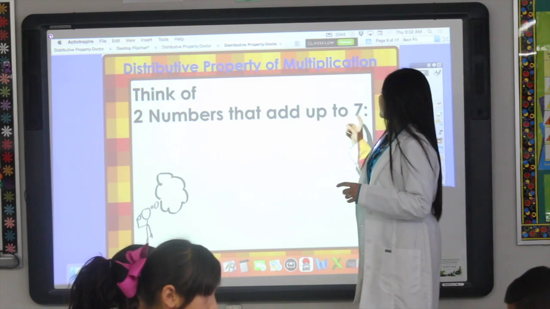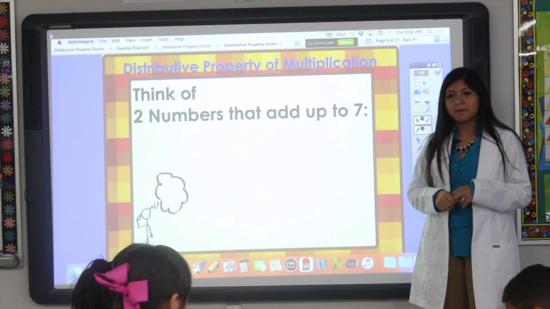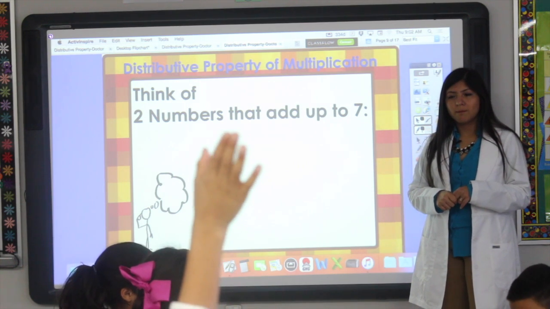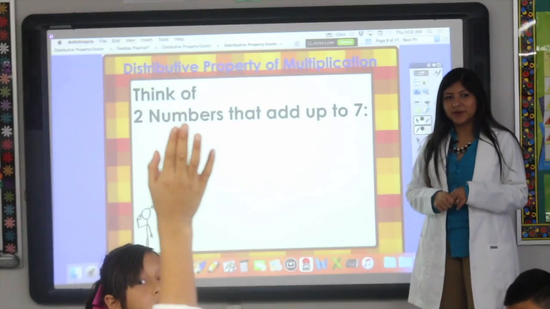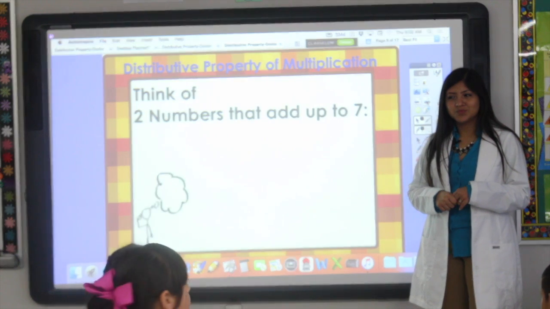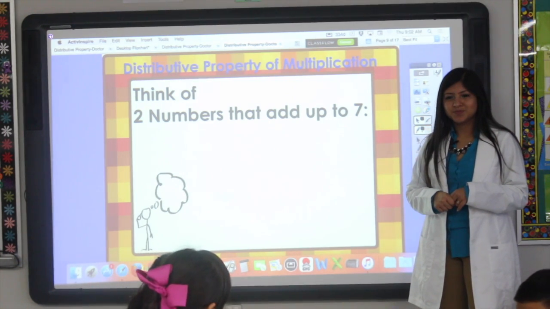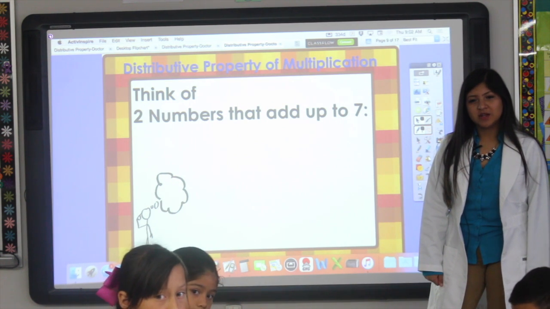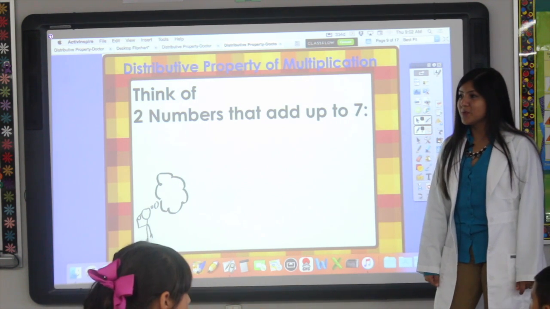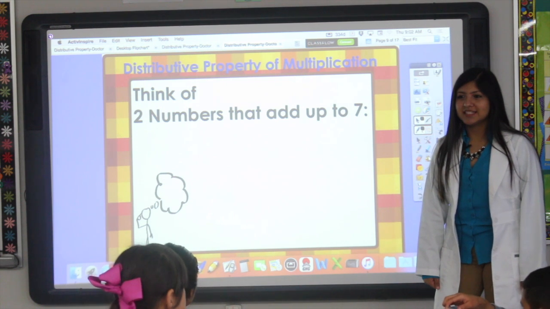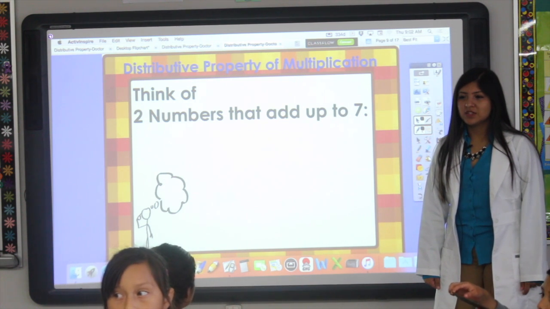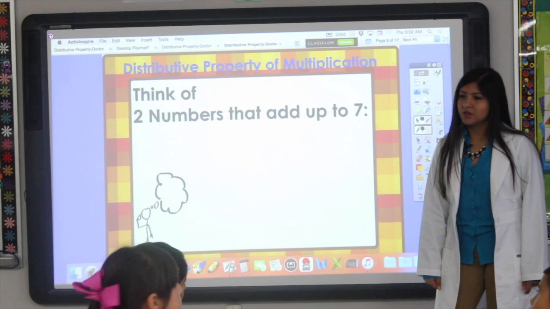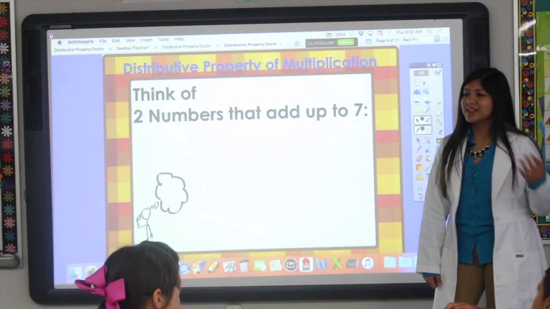So 2 numbers that add up to 7 would be what? Think about it. How many? 3 plus 4. Okay, is there another one? Another way? 5 plus. So we're trying to find 7.